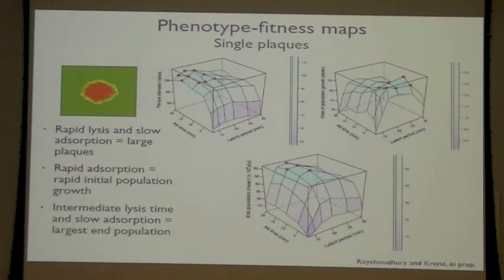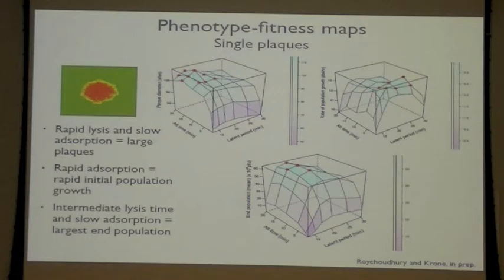And it's pretty interesting because the cloud of points basically shifts to the opposite end of the phenotype space. And in terms of the end population, slow absorption and intermediate lysis times produce the maximum end population.